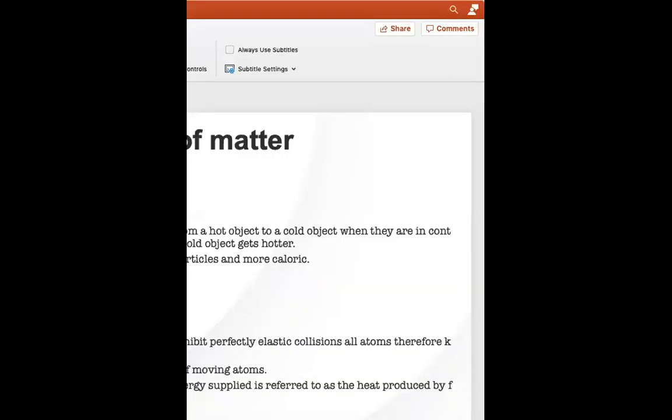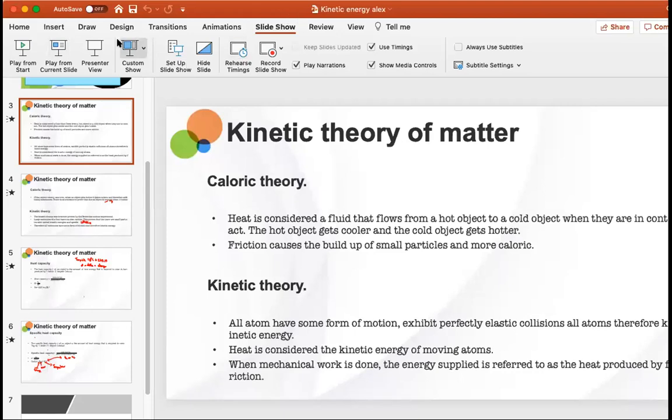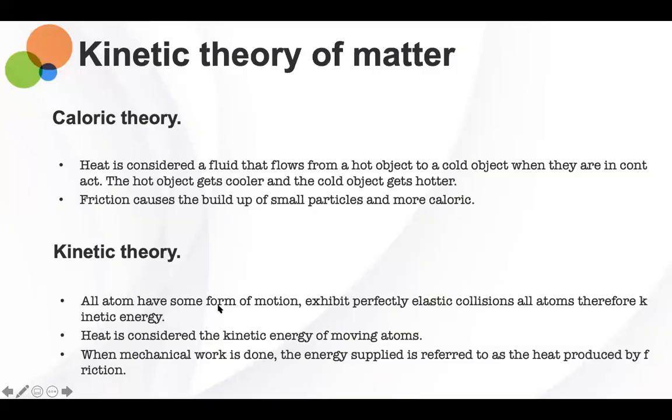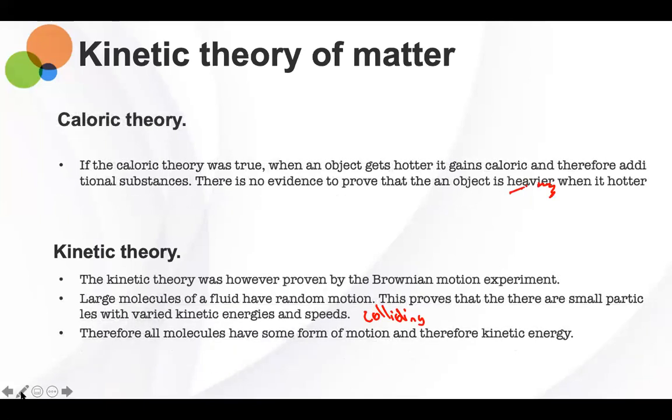Okay, just doing a quick recap of what we did yesterday. From the caloric theory, if we actually believed the caloric theory was true, then when an object gets hotter, it would gain caloric.